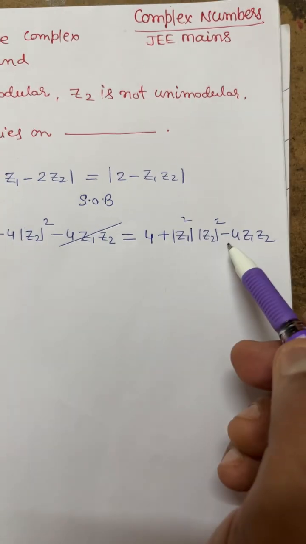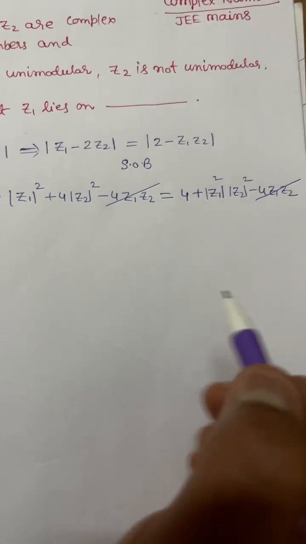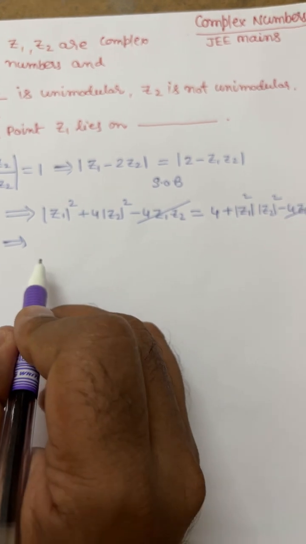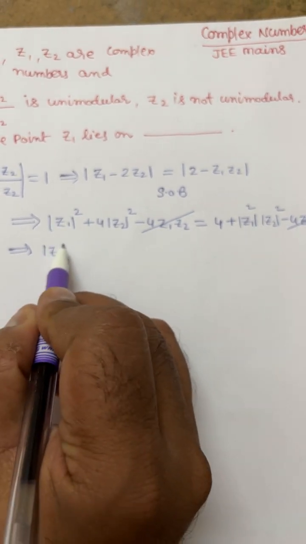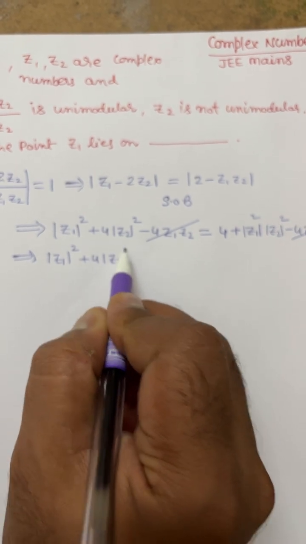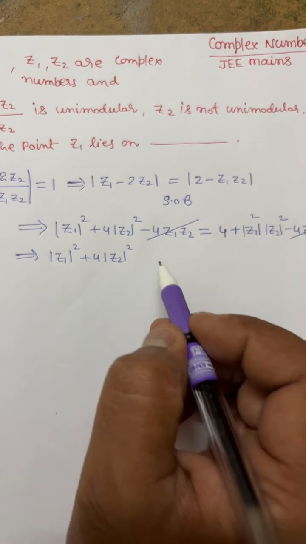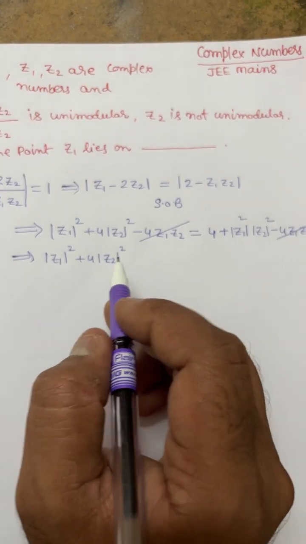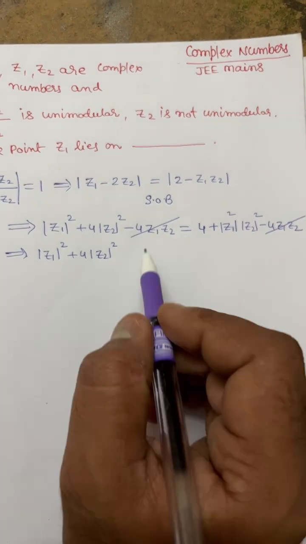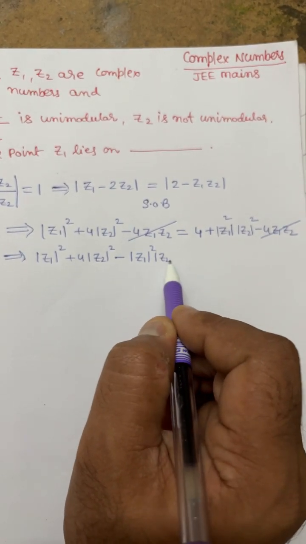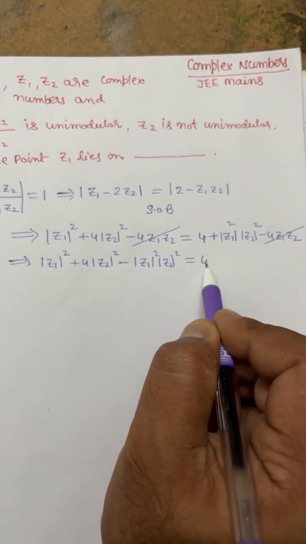Both sides minus 4 z1 z2 bar is going to get cancelled. So the rest of the terms we can write as mod z1 square plus 4 mod z2 square. These values I am going to bring to this side, except that 4 minus mod z1 square mod z2 square is equal to 4.